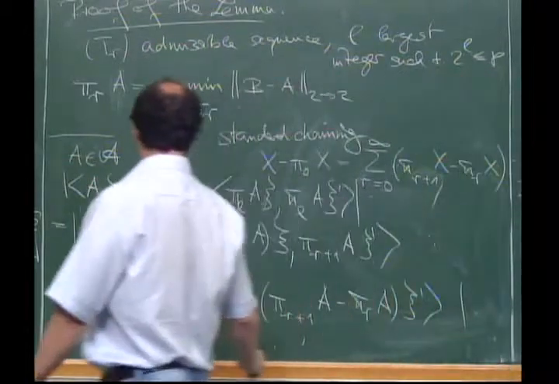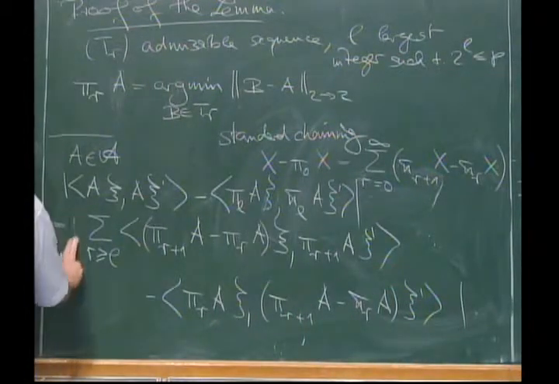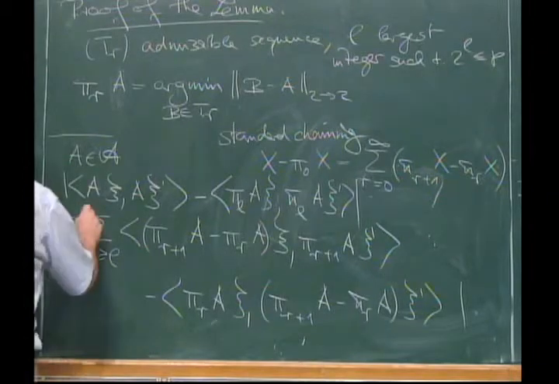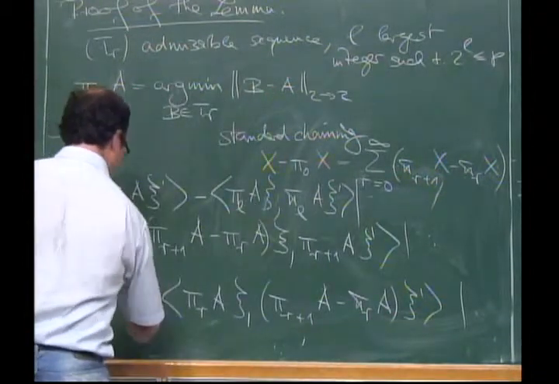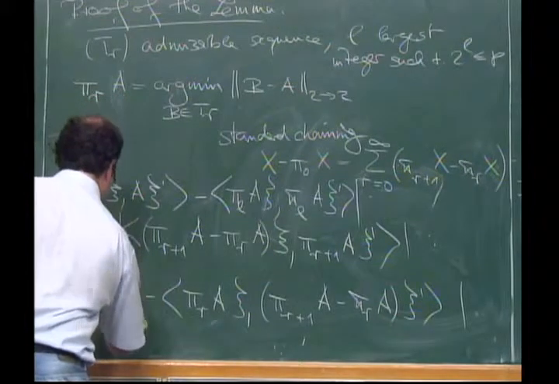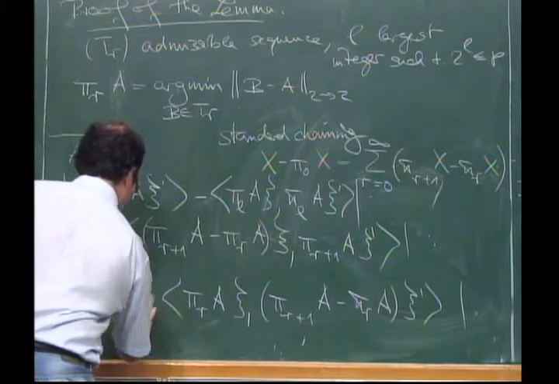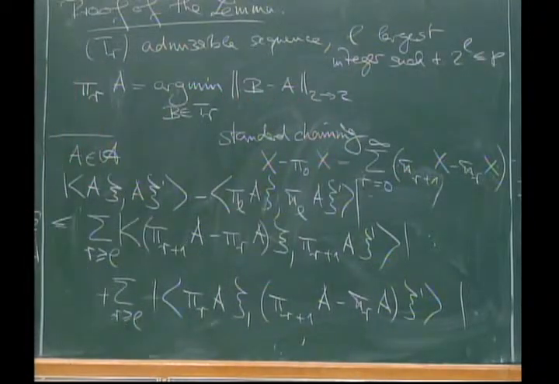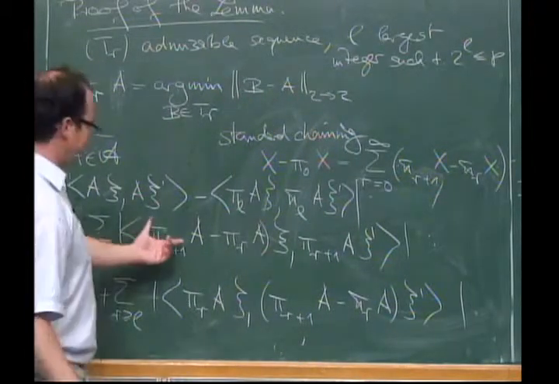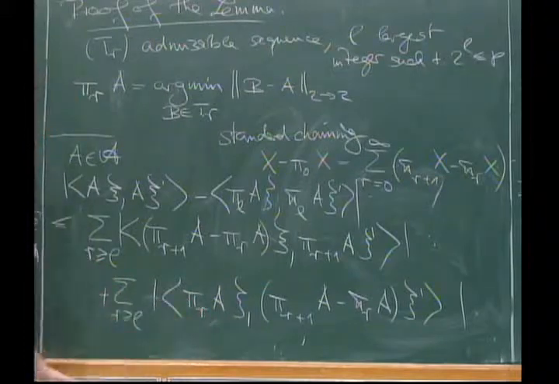And what we do next is simply a triangle inequality, and bound each term separately. And if we're done with this, this one is going the same way.